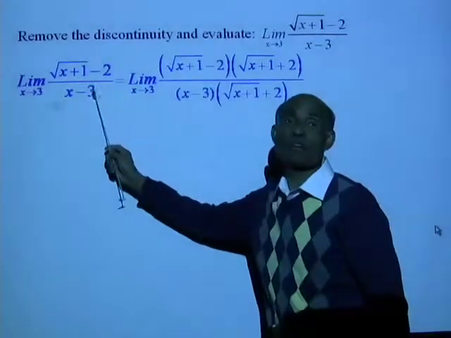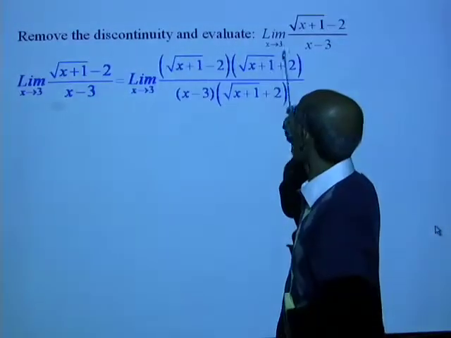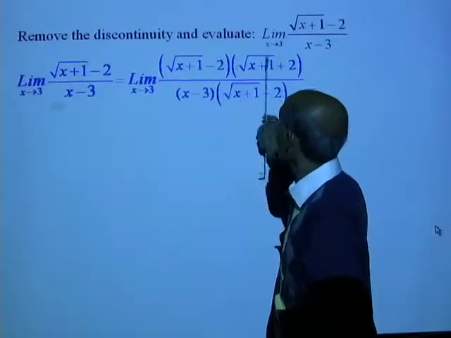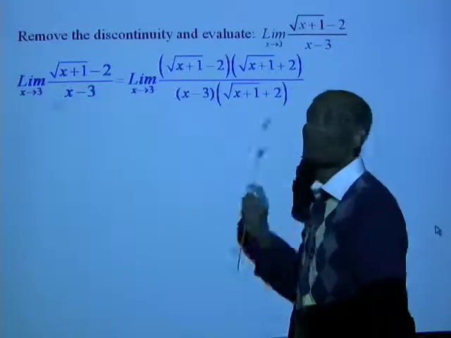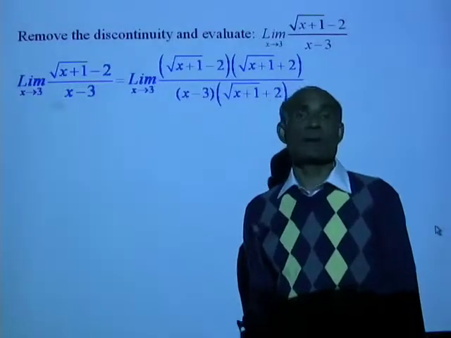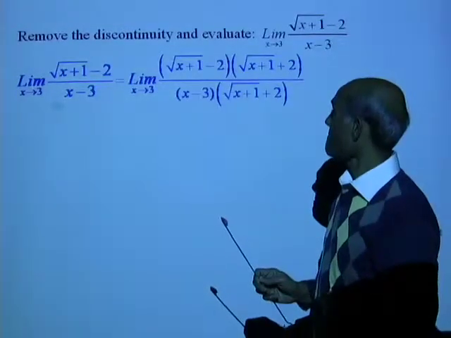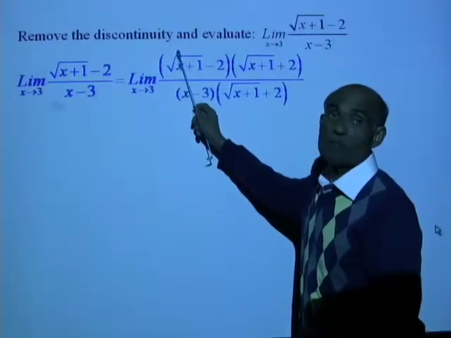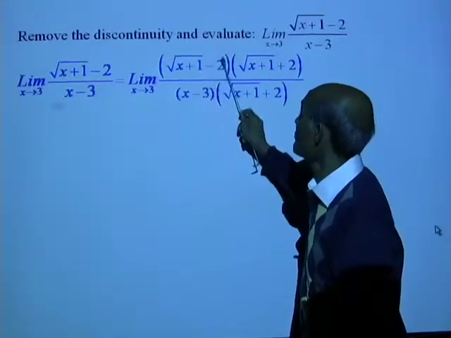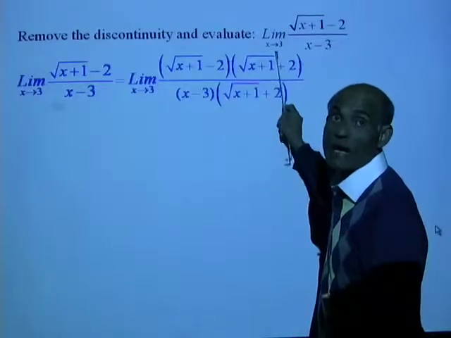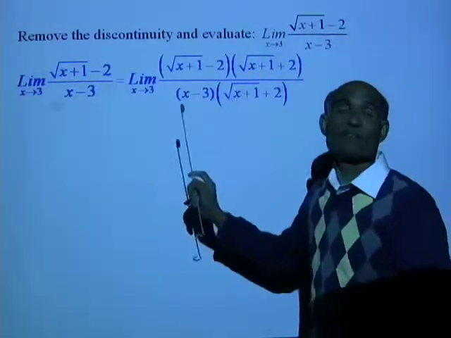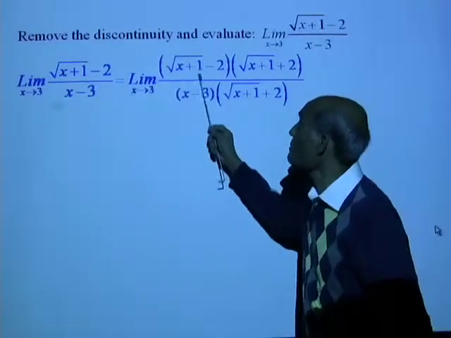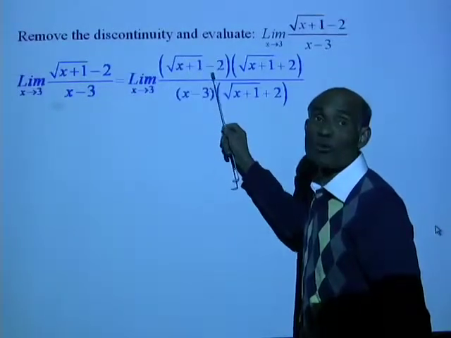So we multiply the numerator by this quantity and also the denominator by the same quantity. Now look what we have done. Multiply the numerator by square root x plus 1 plus 2, and multiply the same at the denominator. And now, what is the numerator now? Can you tell me? This is a minus b times a plus b, and it will be a squared minus b squared. The square of this minus the square of this.